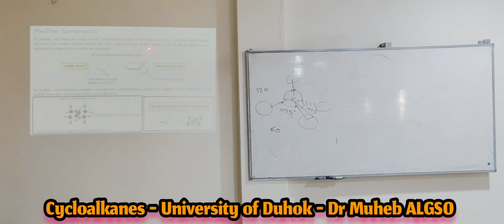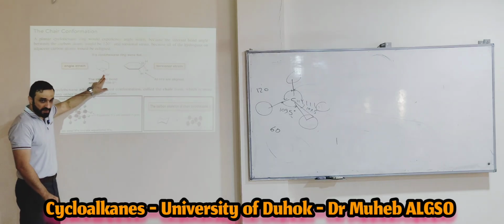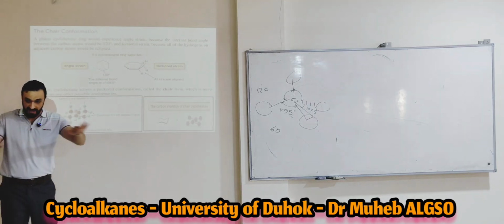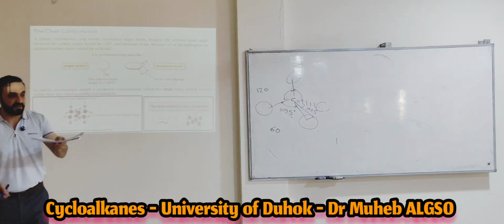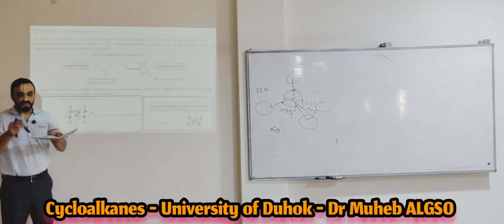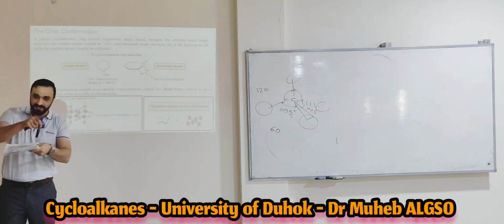And torsional strain, because all the hydrogens on the adjacent carbon atoms will be eclipsed. If we say this is the conformation of the cyclohexane in the flat, in the same plane, that means all the hydrogens will be eclipsed to each other.